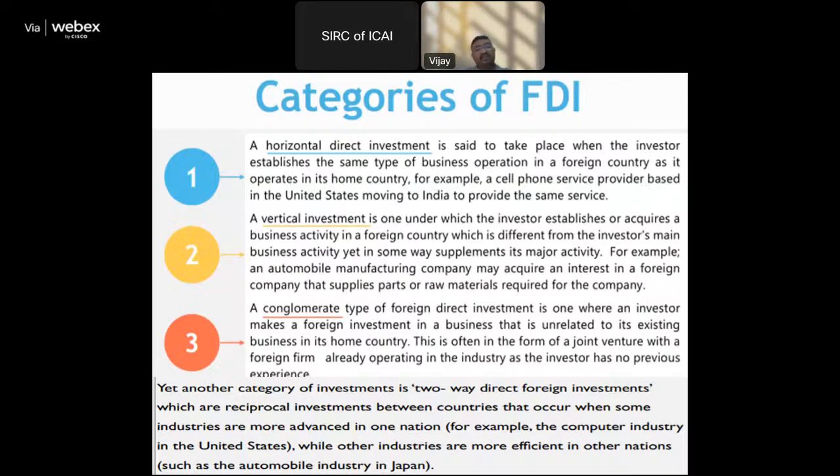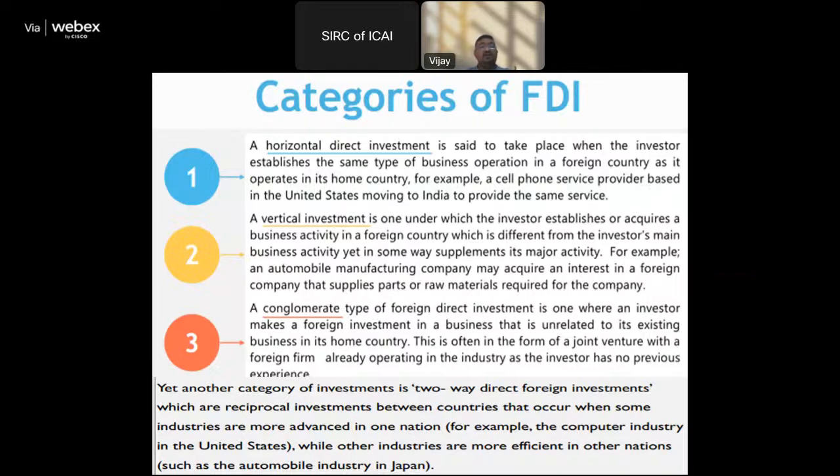Conglomerate type of foreign direct investment is where the businesses are not interrelated at all. Different unrelated businesses in different countries result in a conglomerate type of foreign direct investment. For example, Philips is in electronics and they are also in BPO, business process outsourcing.